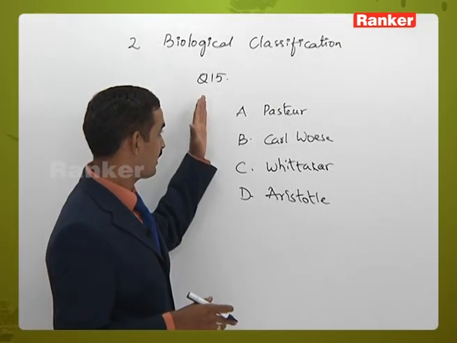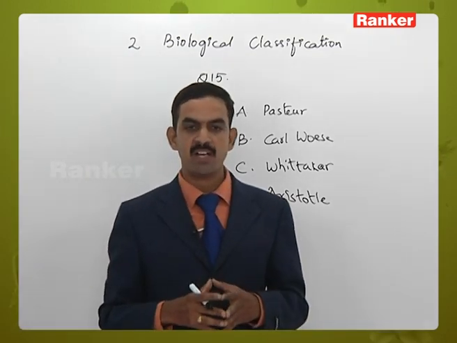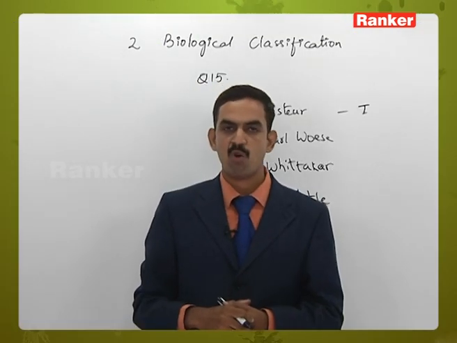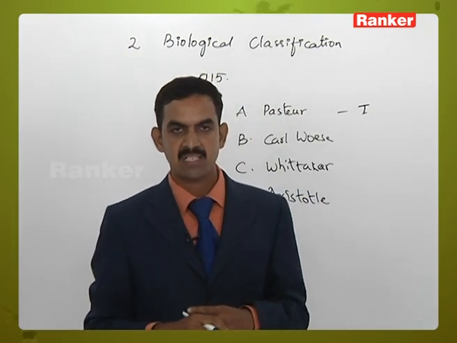Now, let us come to the conclusion part here, that is Pasteur is a scientist who had given the name virus. So, 1, and Carl Woese is a scientist who had given the 6 kingdom classification. Carl Woese had modified the 5 kingdom classification that was given by the scientist Whittaker.